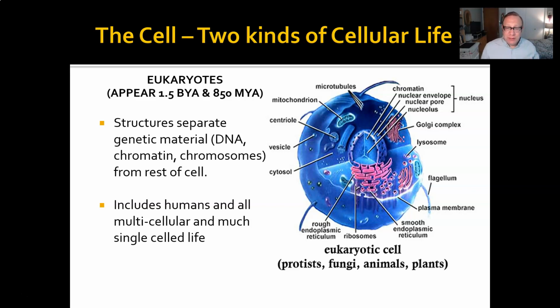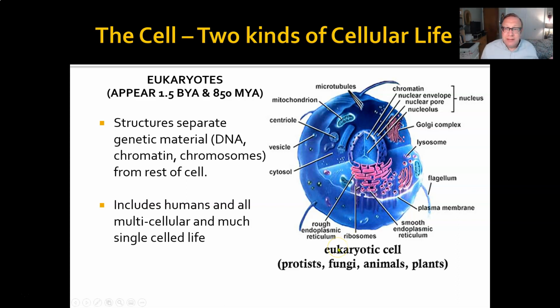In eukaryotes, there's an inner sac here that you can see that contains all of the DNA, as well as amino acids and RNA that are going to be involved in protein synthesis and signaling. And that sits within a larger sac that contains all the rest of the organelles, all the rest of the things the cell needs to be alive.